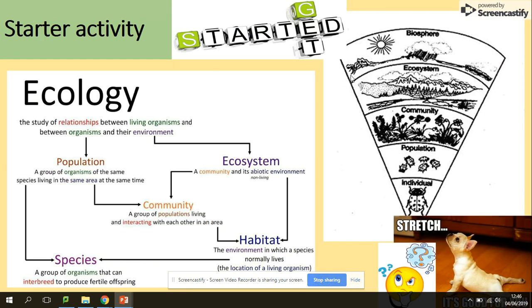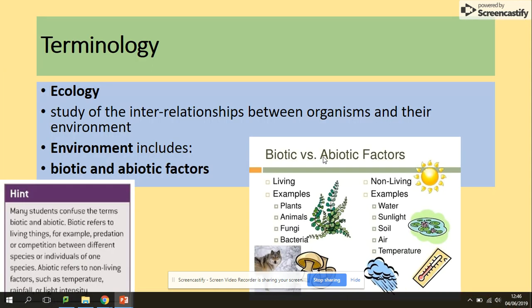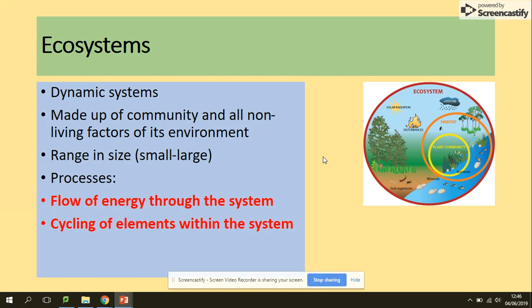So today we will be looking at the definitions. You need to know the relationship between ecology, population, ecosystem, community, habitat, and species. So let's get started. Ecology is the study of the interrelationships between organisms and the environment, and environment includes both biotic and abiotic factors.